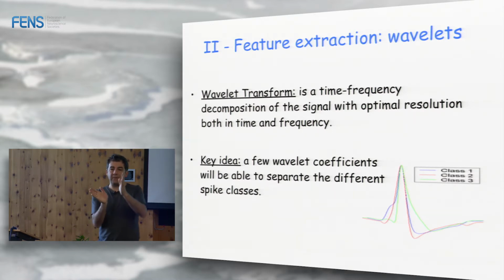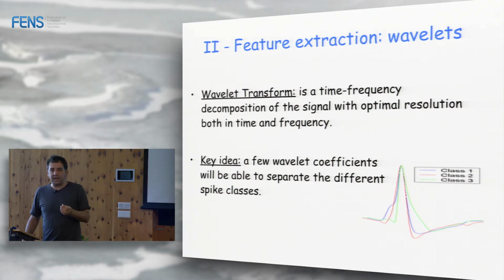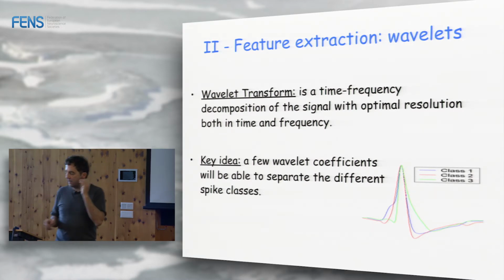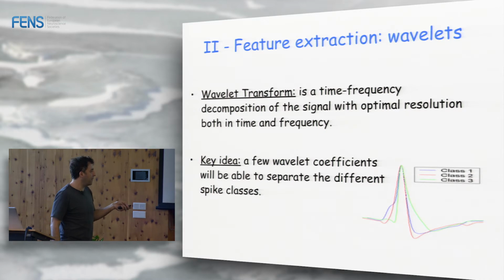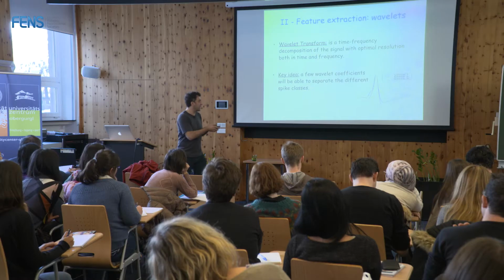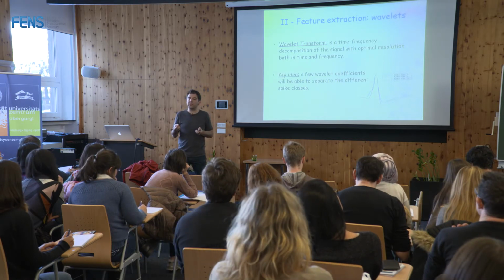So now you have a 2-dimensional representation. In one axis, you will have frequency. Actually, if you want to be more technical, it's called scale, but it doesn't matter. And in the other, you have time. There's a lot of theory and many books about wavelets, but the important thing is that if you have different spike shapes, the different features of the spike shapes at different times, for example this little bump here, will be reflected in different wavelet coefficients.